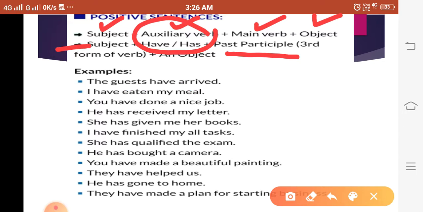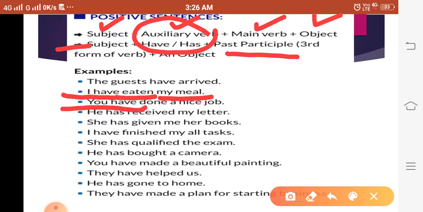With I, I have just told you, we always use have, and then the verb, which is the third form of the verb eat. My meal is the object here. Clear? Now the third example: with you also we always use have.